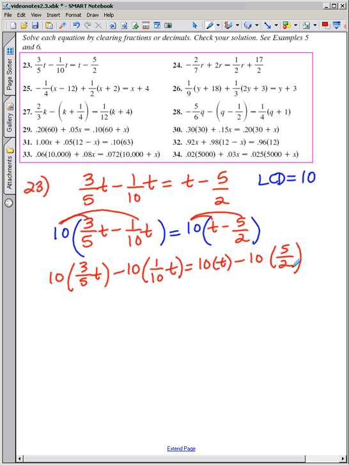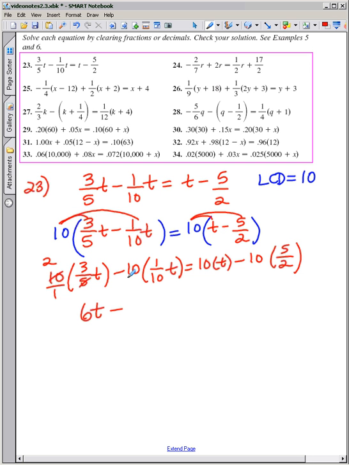Think of that 10 as being 10 over 1. So we say 5 goes into 10 2 times, right? The way we've selected our least common denominator is that all the denominators will divide into it evenly. So do that first. So 5 goes into 10 2 times. 2 times 3t is 6t.